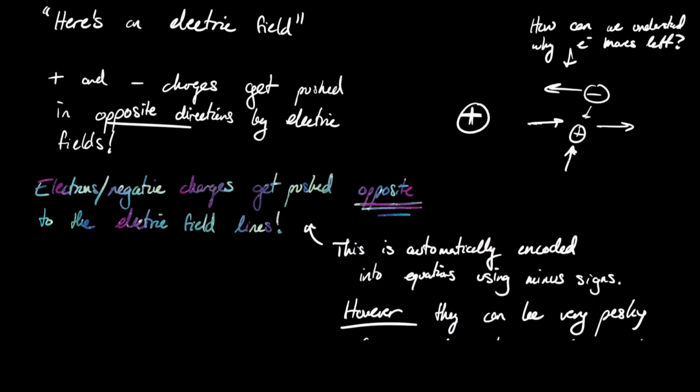Then, just by inference, knowing that negative charges move opposite to positive charges, we know what any charge would do. We know which direction a negative charge would move as well. So the electric field saves you the trouble of having to describe every case separately, and just using your knowledge that negative charges move oppositely, it encodes it all into one diagram.